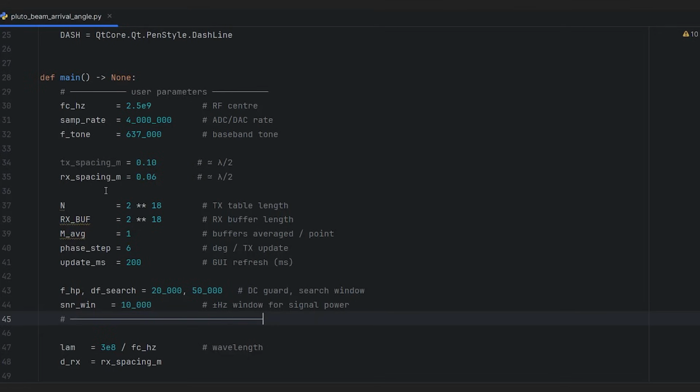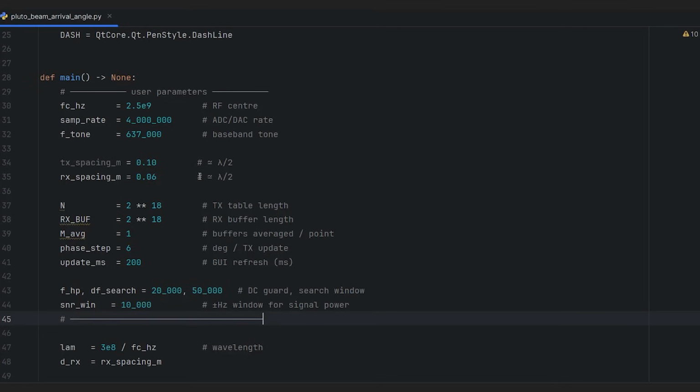The other thing is I have set some variables here on the TX and RX side that show the TX spacing and RX spacing. Usually in beamforming, for good beamforming, so that we don't have too many side lobes and the wave at the TX antenna is not wasted in other directions, we need to make sure that our spacings are close to lambda over 2, which in this case ends up being around 6 centimeters or less.